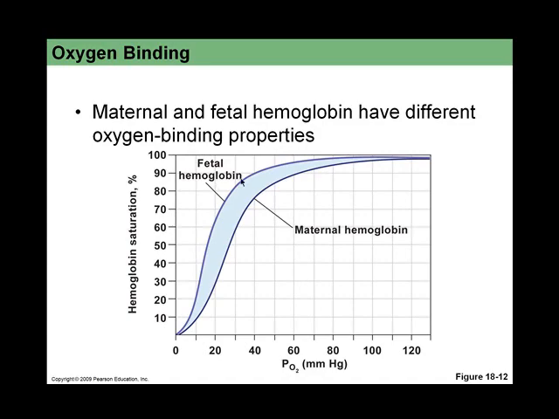So this fetal hemoglobin very quickly picks up any oxygen that is dissolved, and it keeps the dissolved oxygen level very low at the placenta in the fetal circulation, so that it will be creating a tremendous concentration gradient force to suck in the oxygen from the maternal blood and pull it off the maternal hemoglobin.